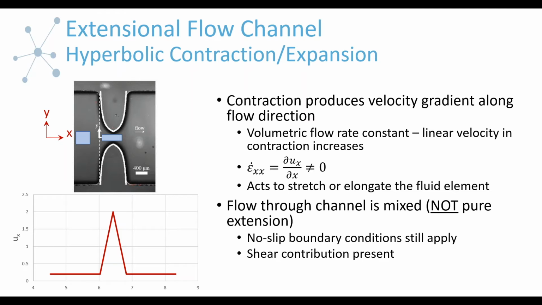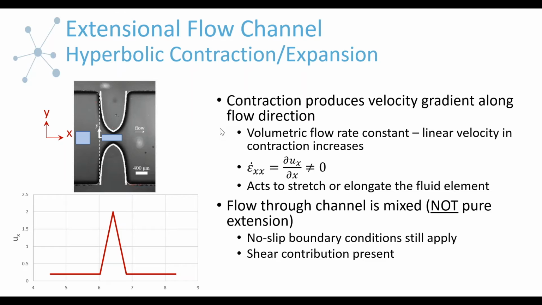So now when we consider the extensional flow channel, as I mentioned, the way we achieve this is to introduce a hyperbolic contraction and expansion midway in the flow channel. We talked about in steady shear, what's important is that you have the velocity gradient that is perpendicular to the direction of flow.